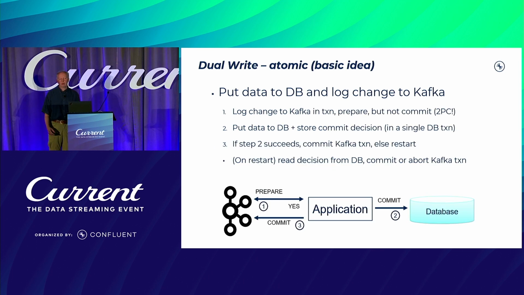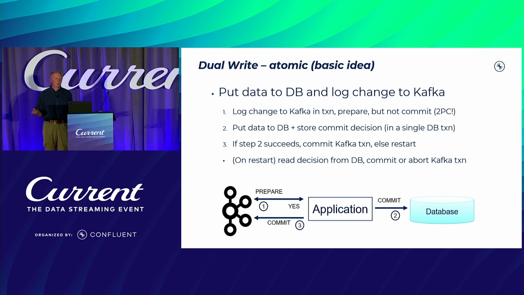Now, if we support the two-phase commit protocol in Kafka, then we could do a sequence of steps to achieve atomicity. The sequence of steps would be you log the change to Kafka, and then you run prepare, but you don't commit, which is what the two-phase commit protocol enables. Then we put data to the database, and we store the commit decision in the same transaction.